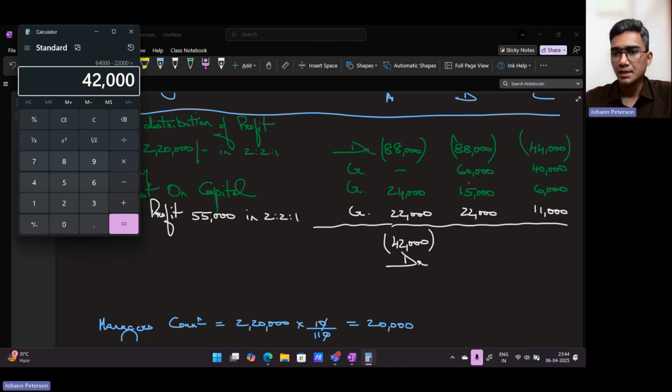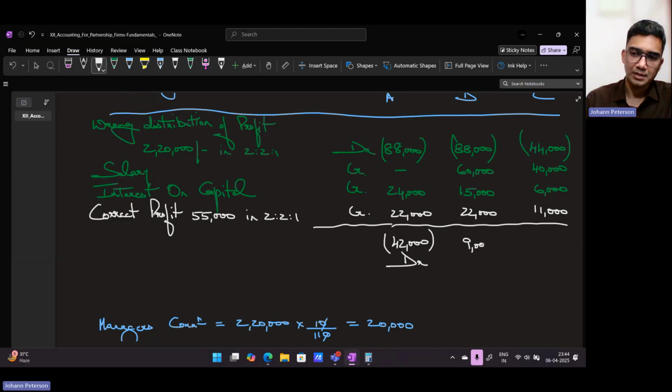This one would be 88 minus 60 minus 15 minus 22, which is minus 9, but it will be plus 9 because I took the negative earlier itself.